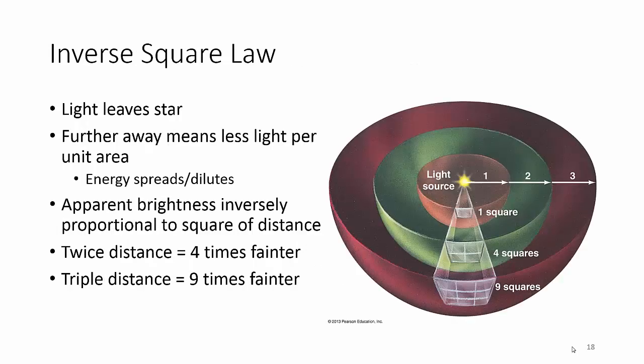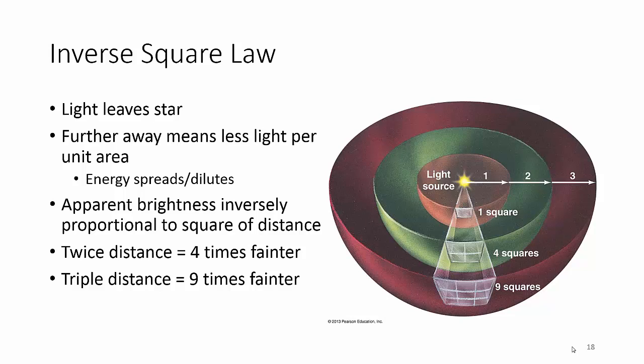So how does this work? As the light leaves the star, the light gets diluted, it spreads out, right? And so depending on how close or how far away you are, it's going to spread out proportional to the distance squared. So the apparent brightness is inversely proportional to the distance squared, which basically means it's an opposite relationship, right?